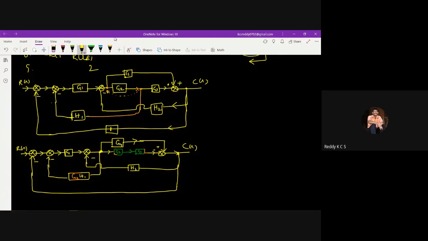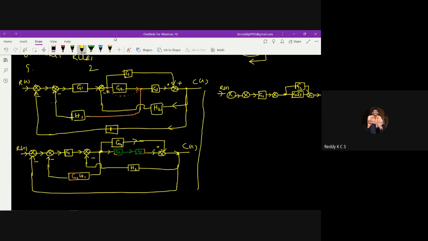I can change it to one block. So here I'll draw. R of S, then like this, then G1, then one summing point, and then one takeoff point, and this is G4, and this is meeting at this point, and I can write G2 into G3 in a single block.